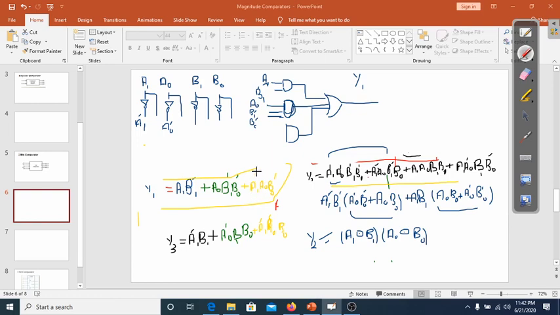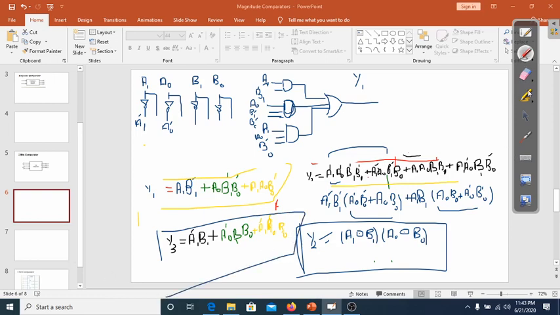The third AND gate has three inputs, A1, A naught and B naught prime. Similarly, you can implement y2, and y3 you can implement in this way.